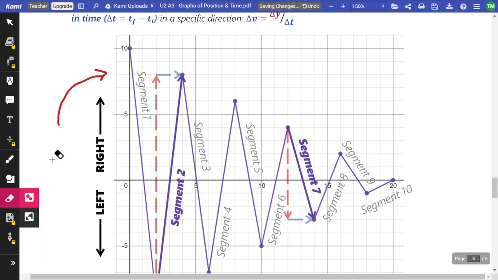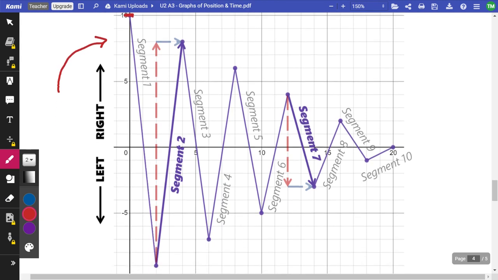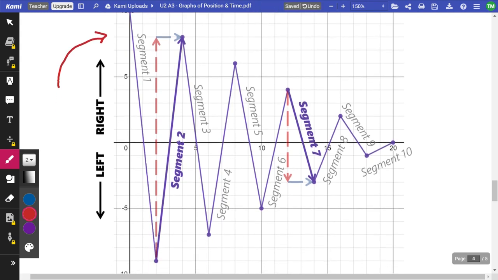So here we have a pendulum that's moving back and forth, back and forth. It starts very far to the right and then goes to the left a whole bunch, and then back to the right, back to the left, and so on, and then finally ends in the middle.